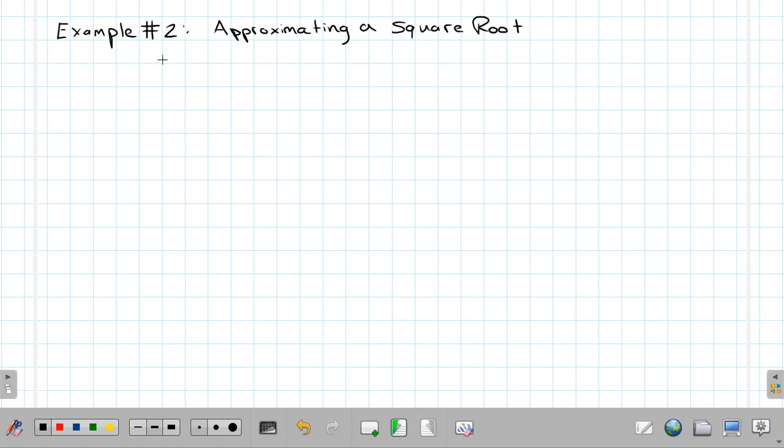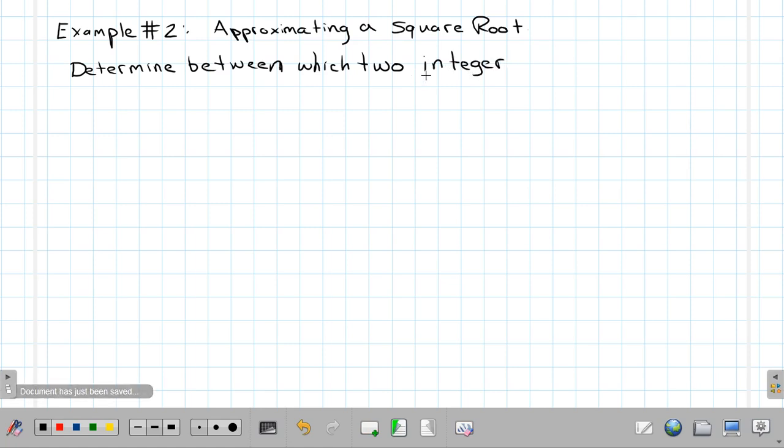What you're doing when you're approximating a square root, and this is the type of question you'll be asked on this, is determine between which two integers the square root lies. So there's one of the new terms being used here.